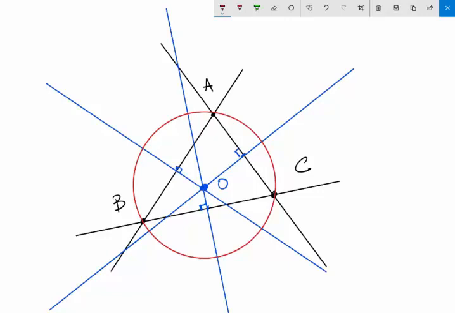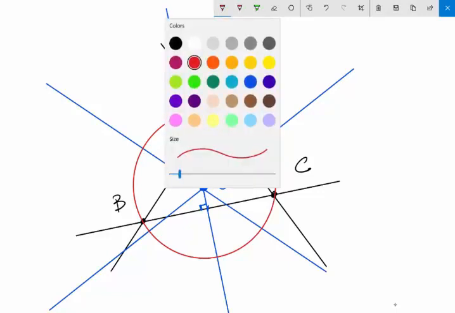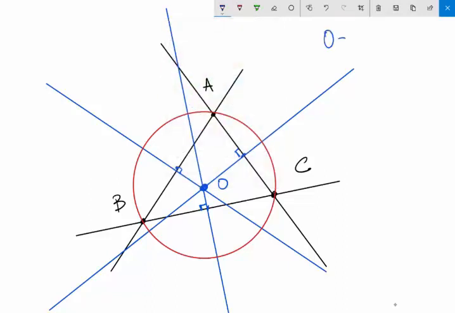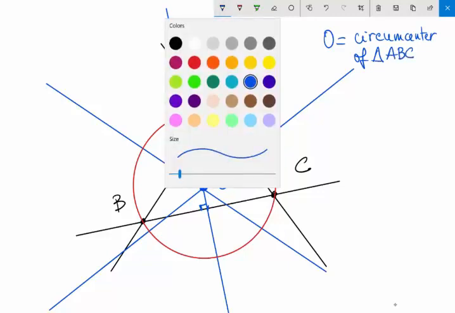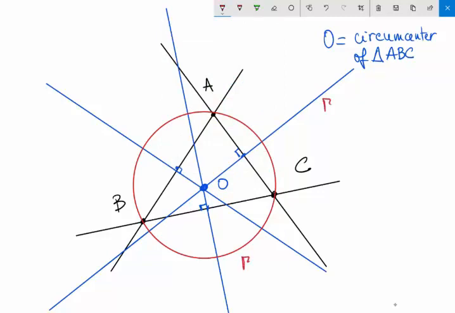Okay, so what we have drawn here, we have seen that O is the circumcenter of the triangle ABC, and if I call this circle gamma, then gamma is the circumcircle of the triangle ABC. But this is just an illustration.